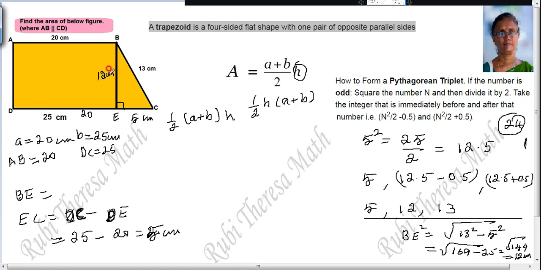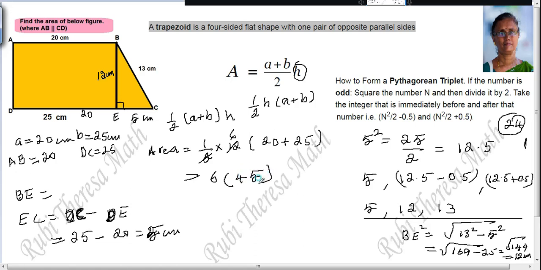So height you know. Now will you be able to do the area? Area equals half into height, into A plus B. What is height here? 12. What is A? 20. What is B? 25. So half of 12 is 6. So 6 into 20 plus 25, which is 45.